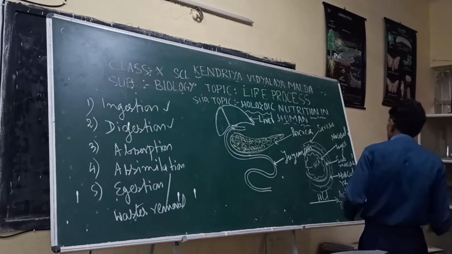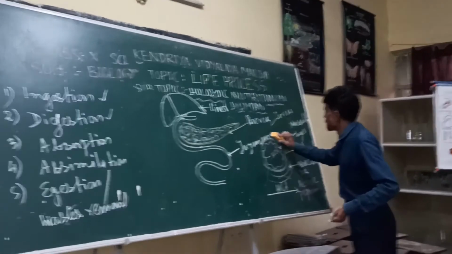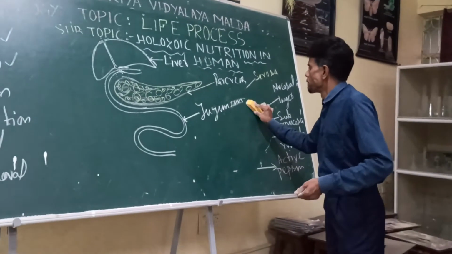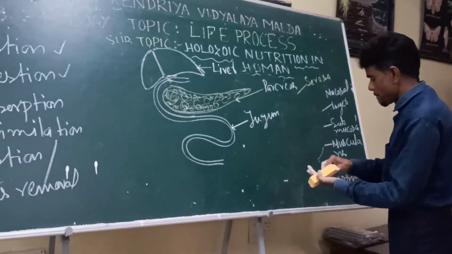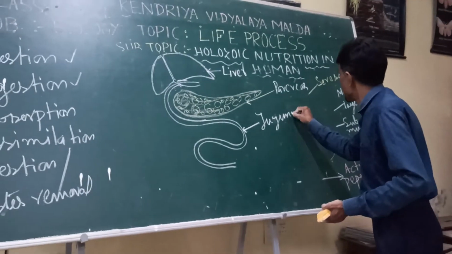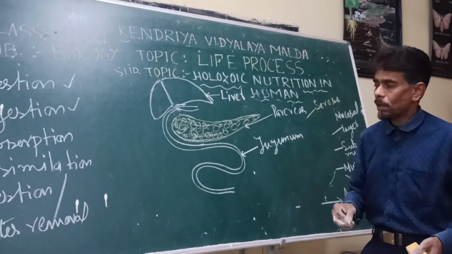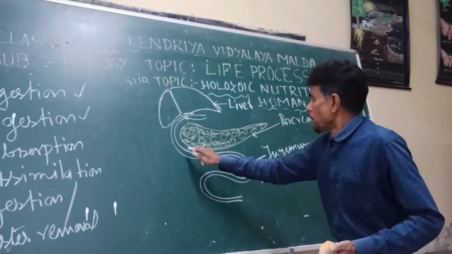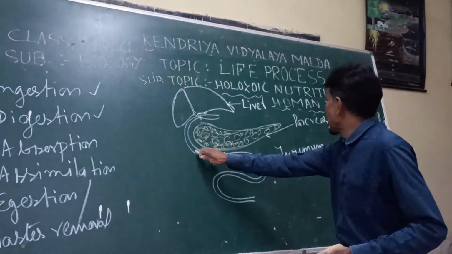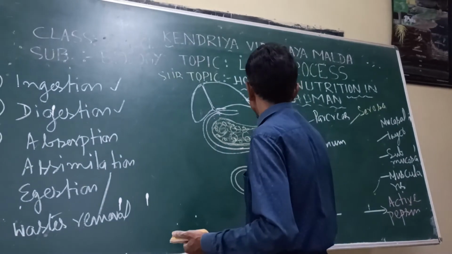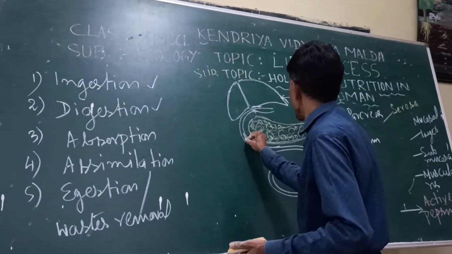Let me rub the stomach part. Jejunum. So, first part of the small intestine, that is duodenum. This is the duodenum.